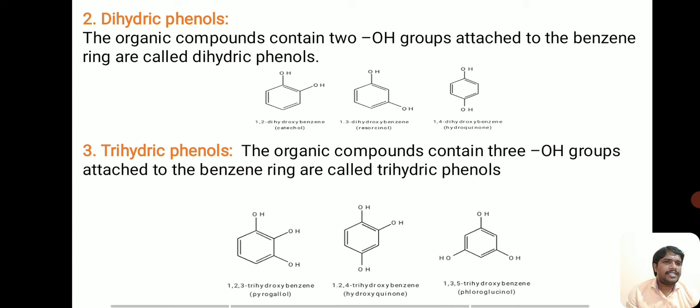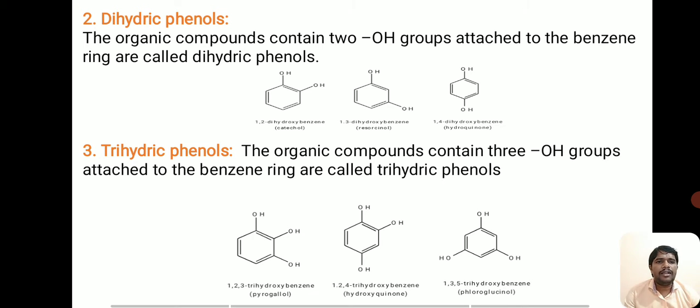In the next example, 1,4-dihydroxybenzene, here also we have two OH groups. It is also called hydroquinone. Trihydric phenols. The organic compounds containing three OH groups attached to the benzene ring are called trihydric phenols.